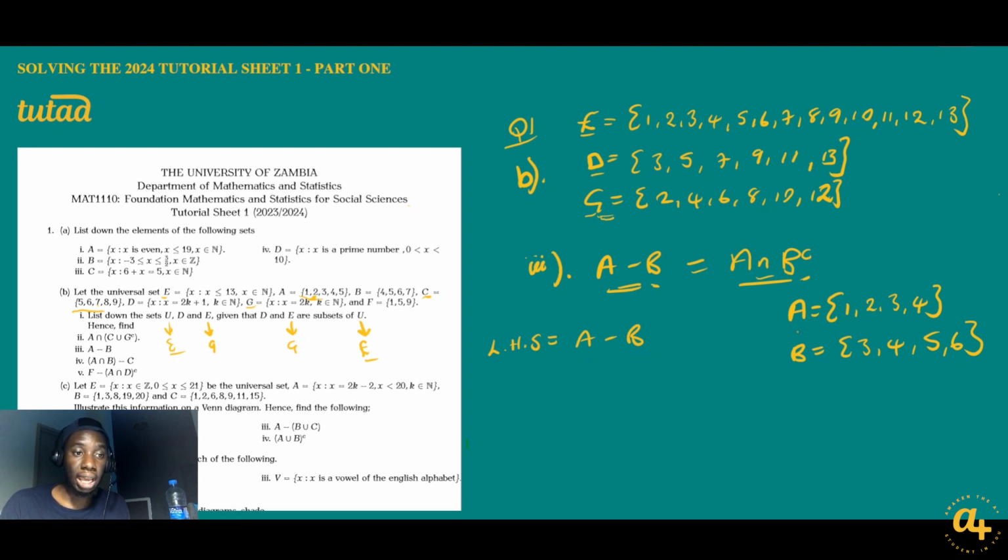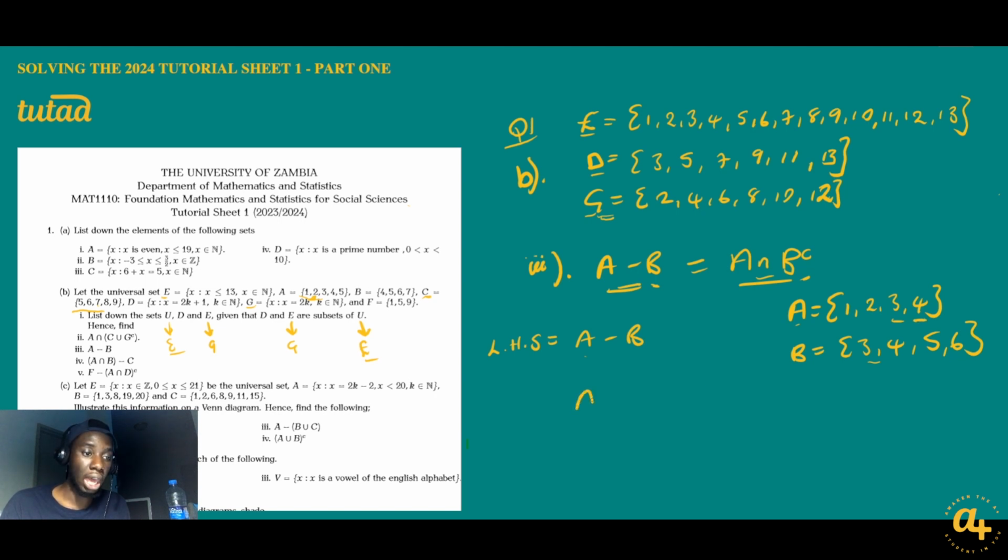So when we look at A here, A is 1, 2, 3, 4, and B is 3, 4, 5, 6. Based on our description of what A minus B is, we have to remove from A all the elements that are in B. So when we look at set A, which elements are also in set B? We can see that the elements in set A that are also in set B are 3 and 4.